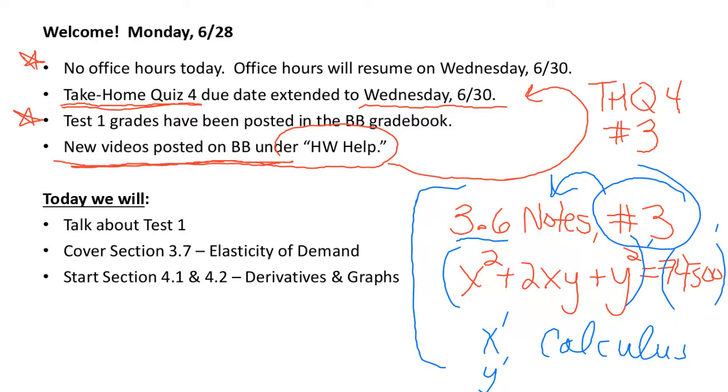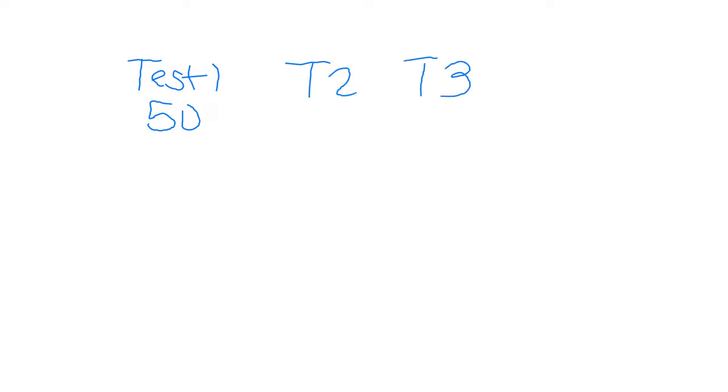And I will say, let me just share a whiteboard real quick. So say, for example, here's test 1. Let's say you made a 50, okay? If your goal is just to pass this course, it's totally doable, because we still have test 2 and test 3, and you still have your MyMathLab homework and your take-home quizzes still at play, right?